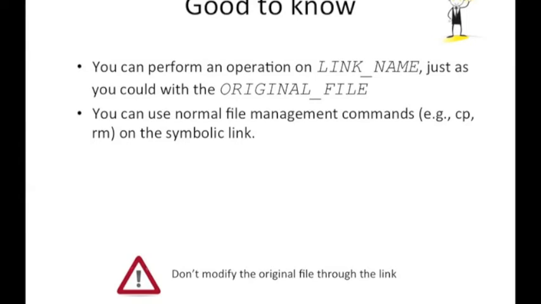As I mentioned, you can do all the operations you can think of, except modifying the file, with the link. From that perspective, there will be no difference between the link and the original file. Commands like copying, removing, moving, and so on, you can apply to the link.